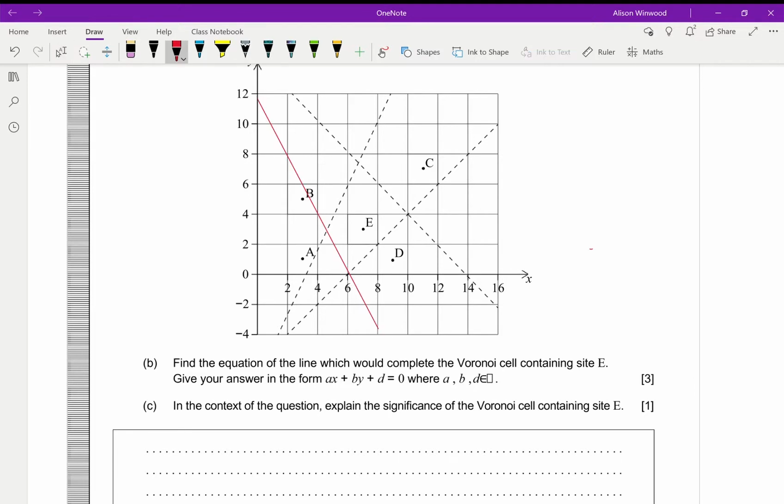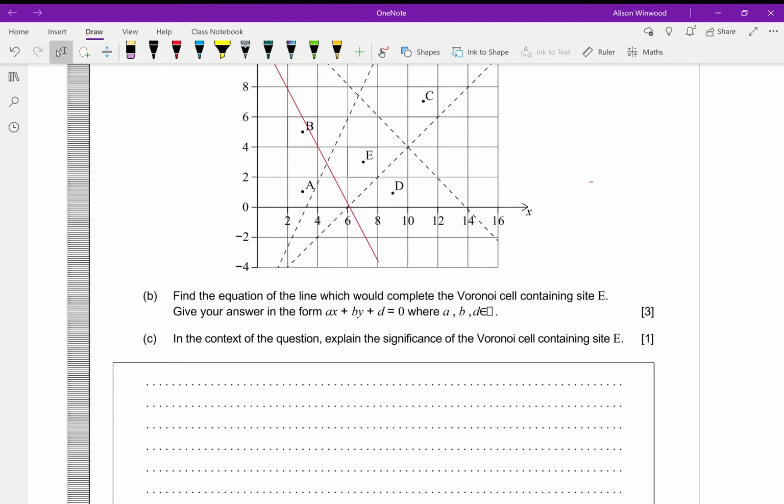So first of all, the midpoint of A and E. So we add their x coordinates together and halve them. We add their y coordinates together and halve them. So the midpoint is at 5, 2. There it is, 5, 2.